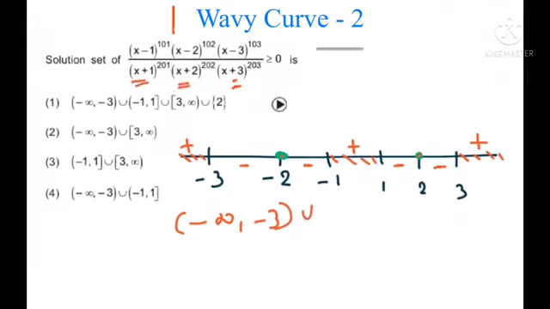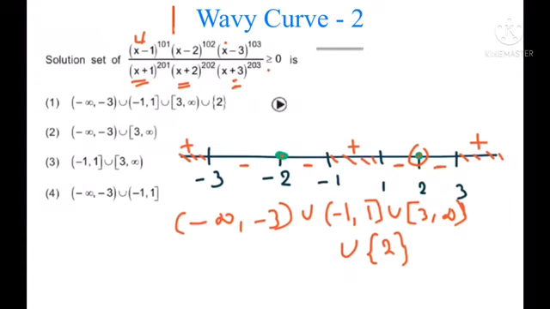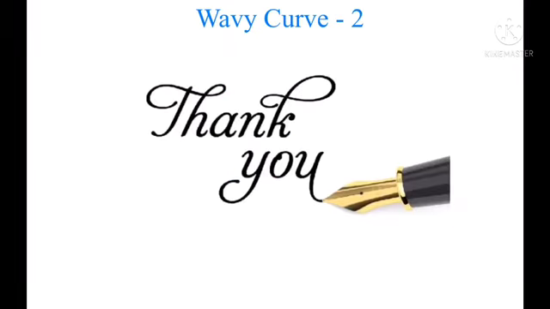So union -1 not included to 1. 1 is included because 1 is in the numerator and equal to 0 is allowed. Union 3 is included because it is in the numerator, 3 to infinity not included. Union one particular element 2. We will not take -2 because it is in the denominator. x can never be equal to -2. So the answer is 1. Thank you very much.